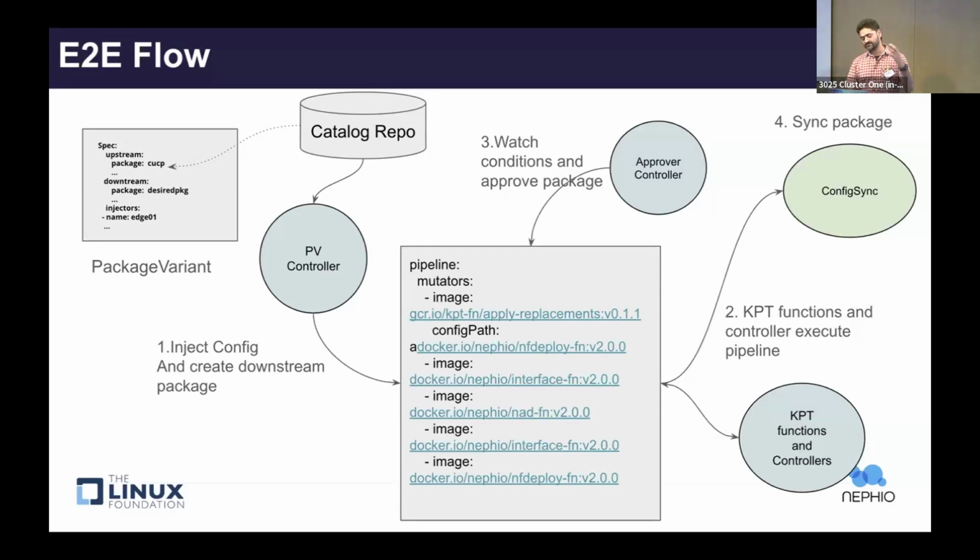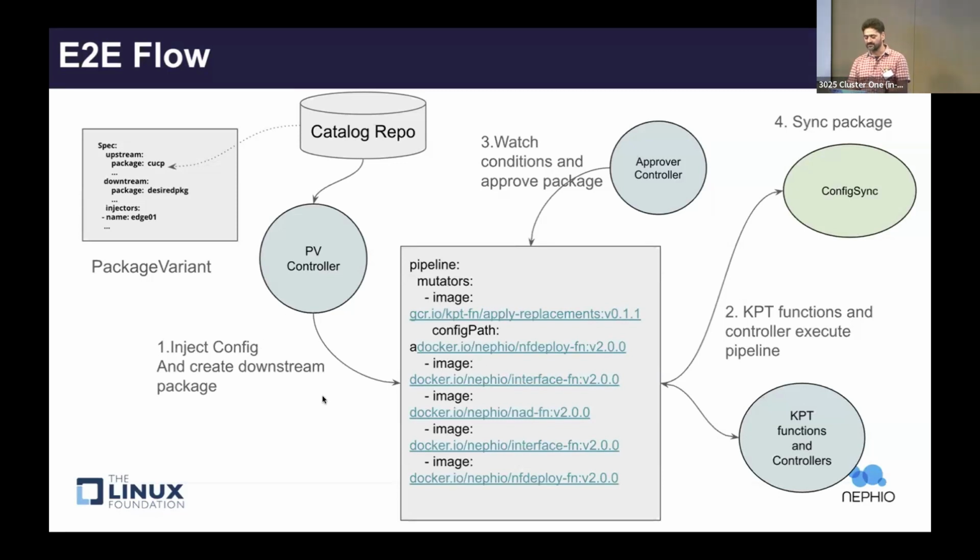Porch, combined with all these controllers, has the job to pull base packages or golden templates, and mutate and hydrate them based on the requirement of that network function and the environment of the target cluster, meaning what kind of network exists in the target cluster. All that automation, all that magic happens here.